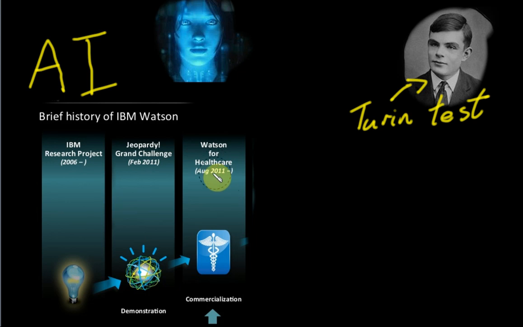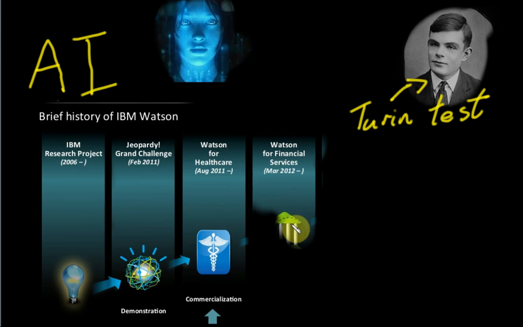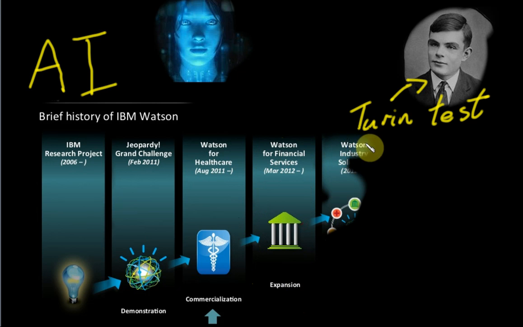So Watson went into healthcare in 2011. It then moved into financial services shortly afterwards. Not the biggest thing in the world for it to do, in the sense that you're looking at money, advice and prediction, which computers have been doing in the financial services for a very long time. The big thing that's actually impacted on the news, however, is industry solutions.